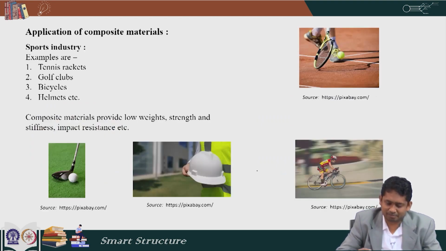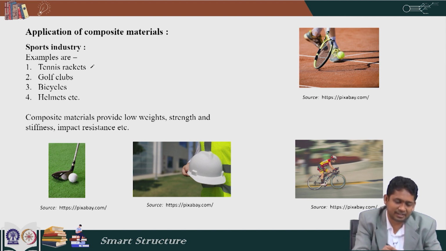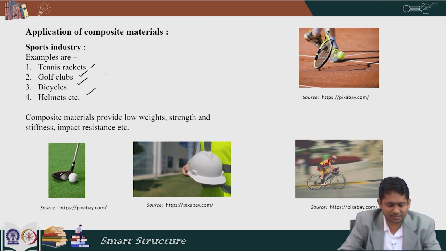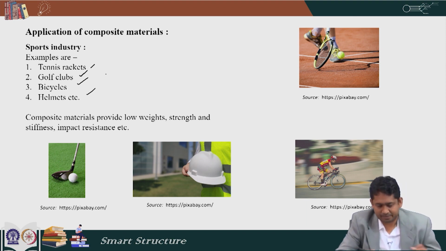We can see the various applications here in the sports industry. Examples can include tennis rackets, the equipment in golf, bicycles, helmets and so on. Composite materials provide low weight, strength and stiffness, impact resistance, and that is why these are used a lot.